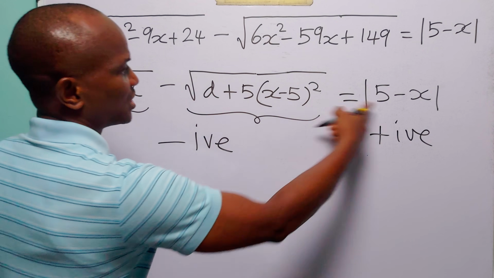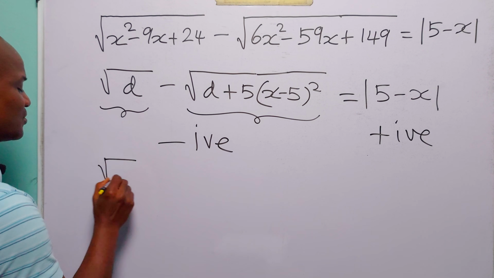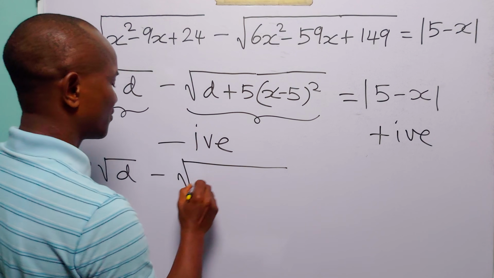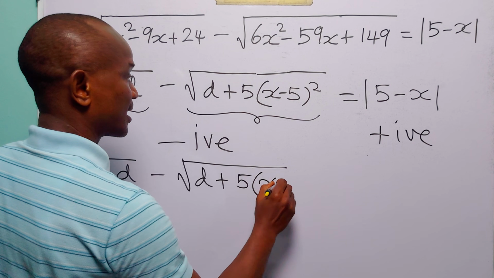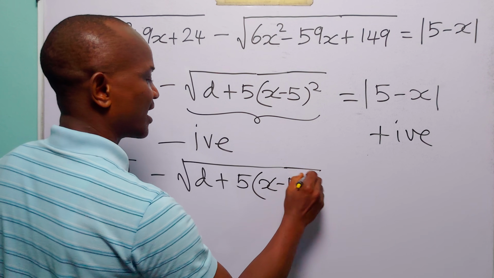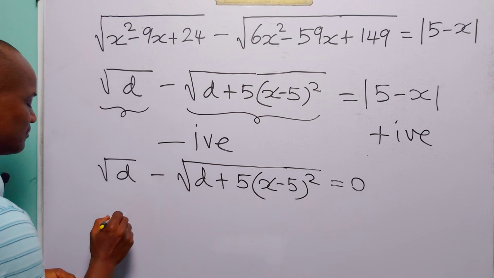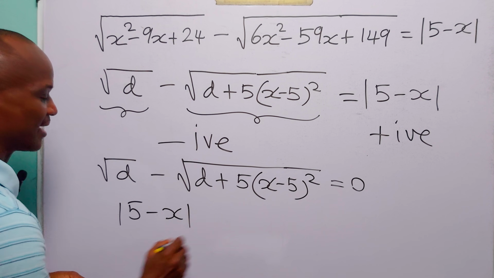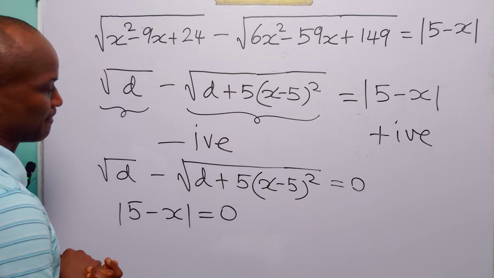So we have that for this equation to hold, the square root of d minus the square root of d plus 5 times x minus 5 squared must be equal to 0, and the absolute value of 5 minus x must also be equal to 0.